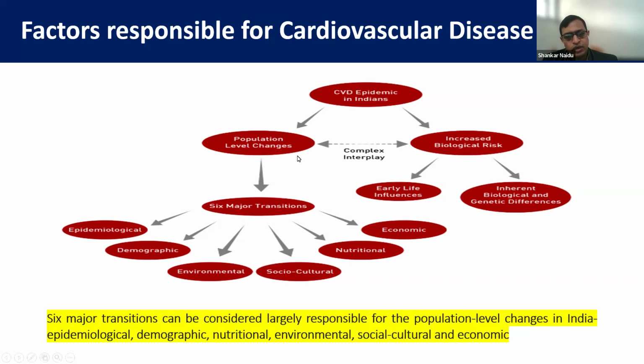There is also a change in the population characteristics. There are changes in the socio-economic and socio-demographic pattern of individuals in India over a period of time. And there are environmental changes happening, with increasing air pollution and other environmentally mediated triggers for developing cardiovascular disease.